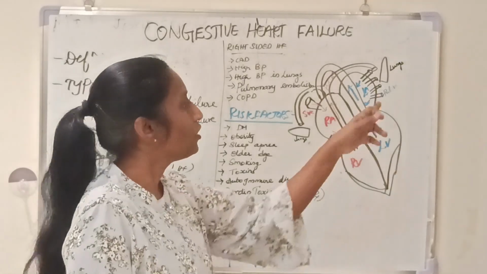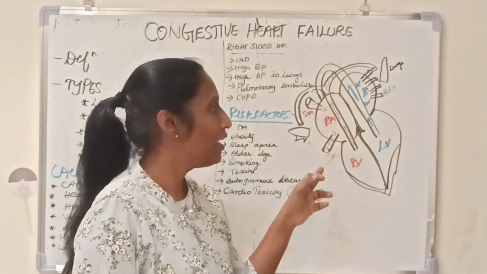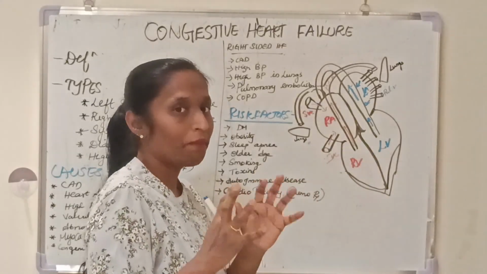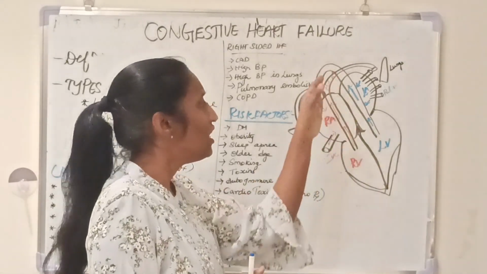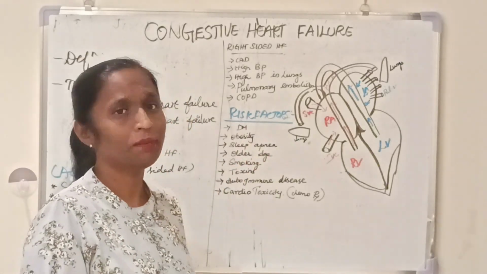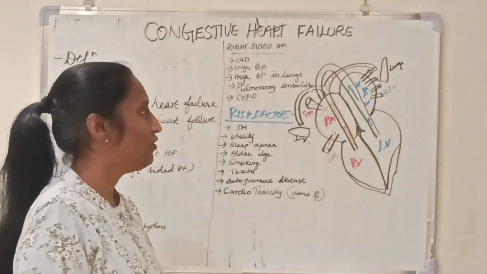After purification, through the pulmonary veins it comes to the left atrium and the left ventricle of the heart. The left ventricle pumps the blood through the aorta and supplies the blood to all parts of the body. So this is a light brush up of the anatomy and physiology.